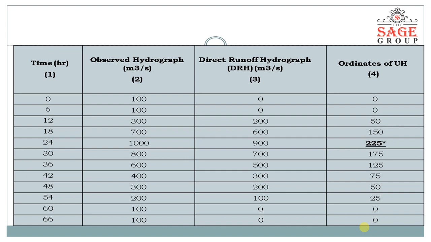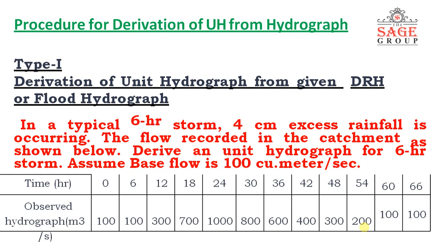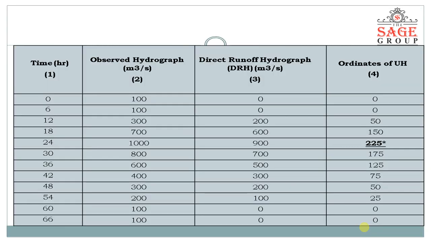First we will compute the direct runoff hydrograph, that is, observed hydrograph minus base flow. In the question we are given to assume base flow as 100 cubic meter per second. The observed hydrograph at 0 hour is 100, so we subtract the base flow from column 2.